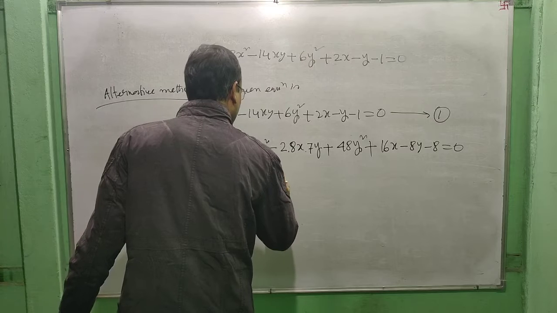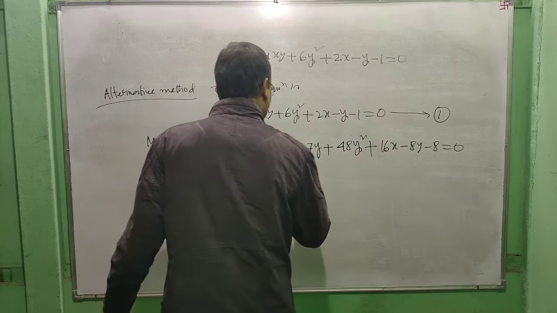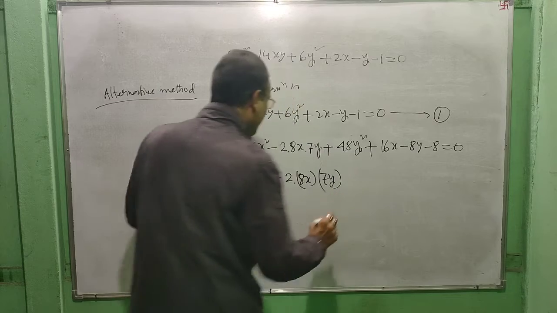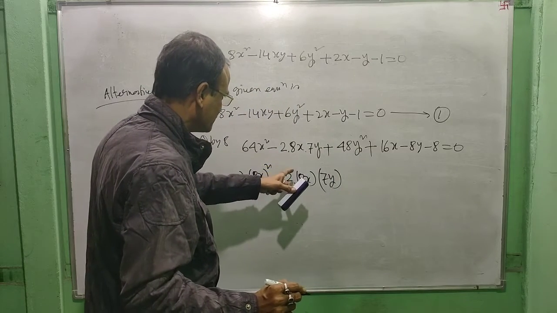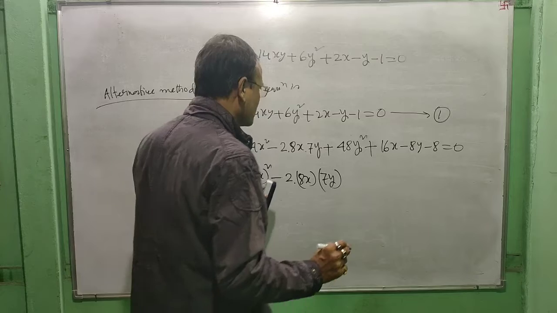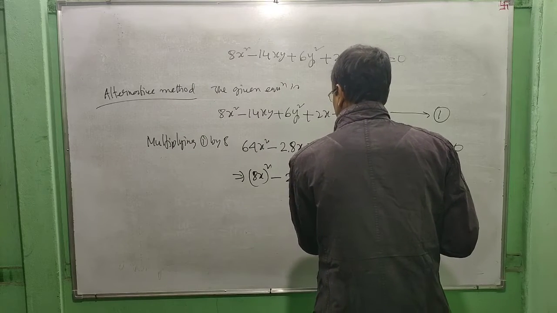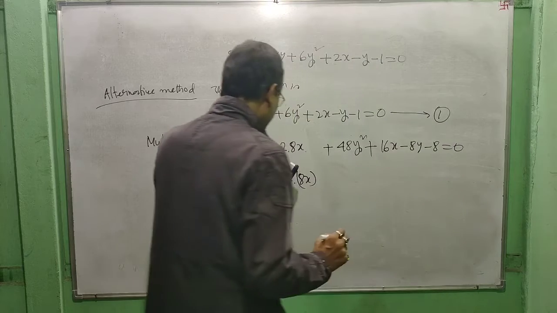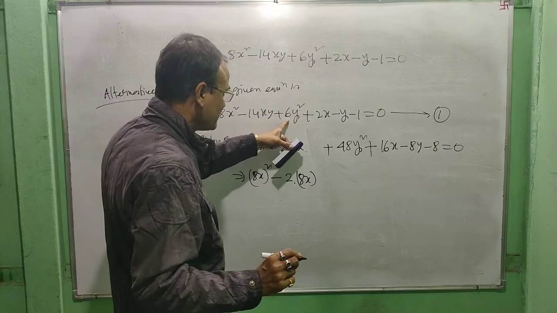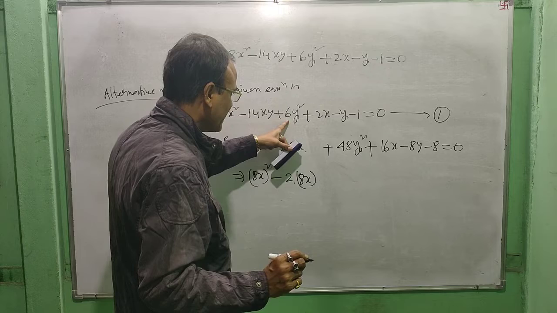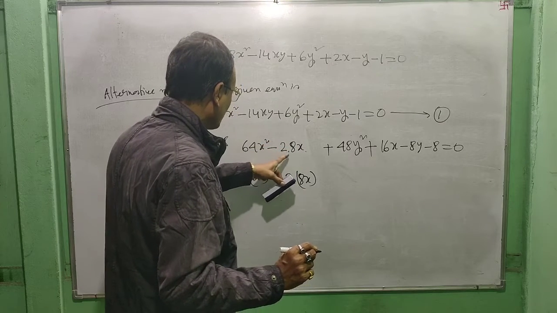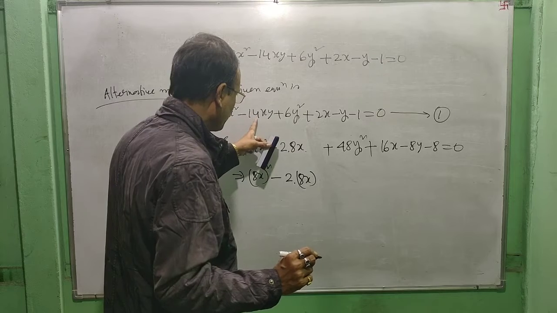Now you see, 8x whole square minus 2 times 8x into 7y plus 7y whole square. If you multiply it by 8, you will get 2 into 7 into 8.